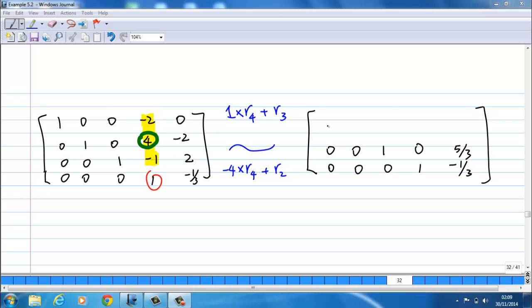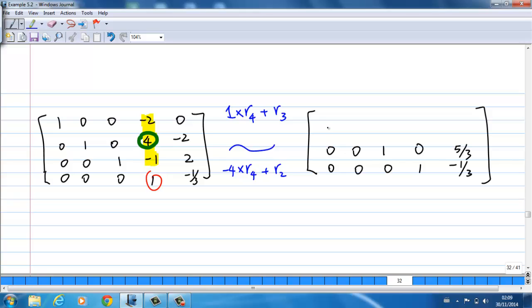Then we will create a 0 in the second row, fourth column. You can do this by using fourth row times minus 4 added to the second row. And then the new second row becomes 0, 1, 0, 0, minus 2 plus 4 over 3 is minus 2/3.